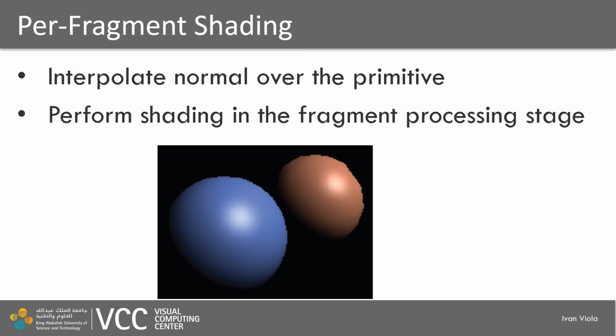Therefore, these days, we would likely not perform such a calculation of illumination per vertex, but we will instead interpolate the normal over each primitive, meaning that we store the per vertex normals on each vertex of the triangle, and then these per vertex normals are interpolated over the entire area of the triangle.